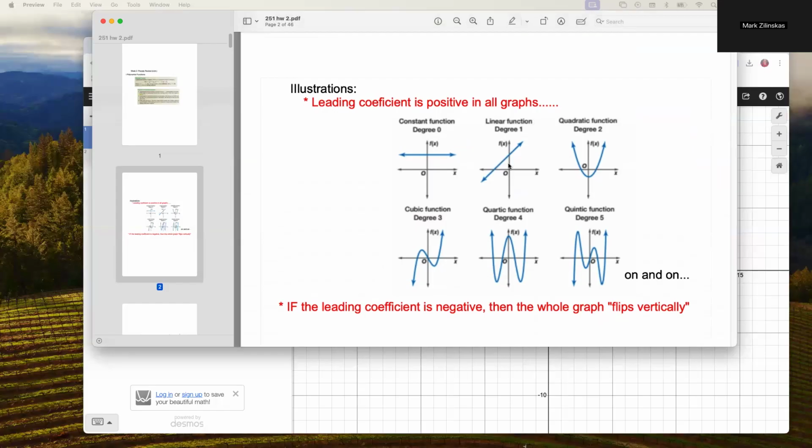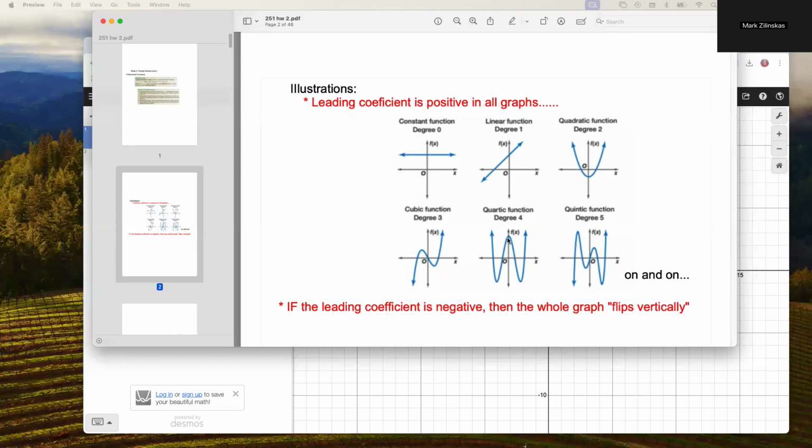A first degree, like 2x plus 4 or something like that, then it's going to look like this. Remember, that's an odd number, so it's going to go up in one direction and down in the other. And then it gets a little more interesting, right? Because first degree has 0 turning points. And then now we have a second degree, there's our 1 turning point. Here's a third degree, there's our 2 turning points right here.